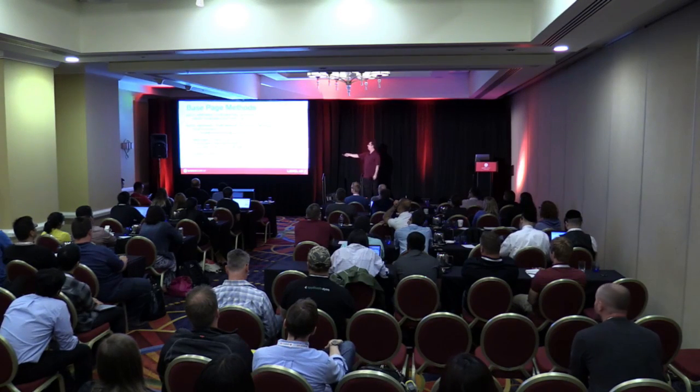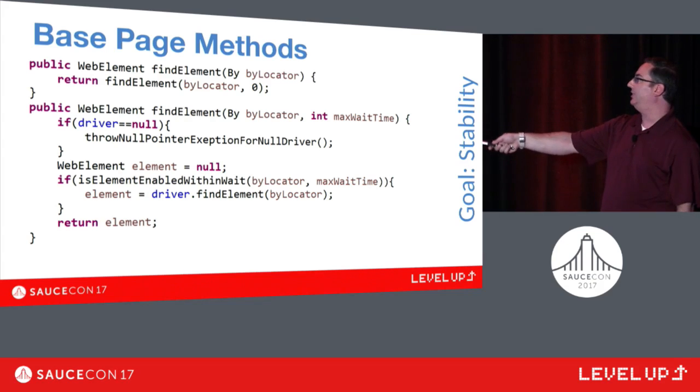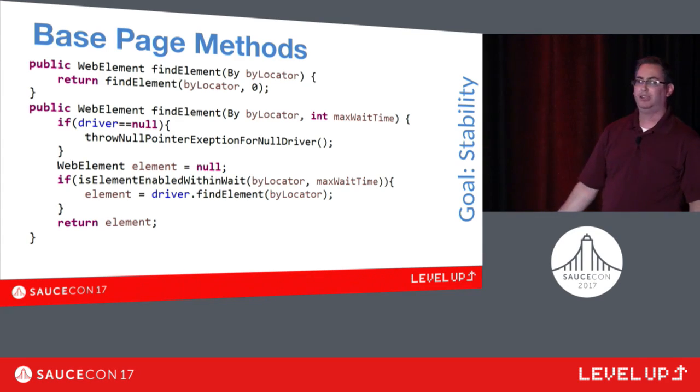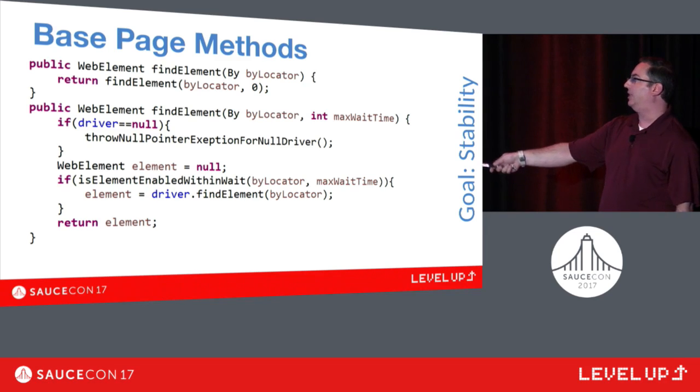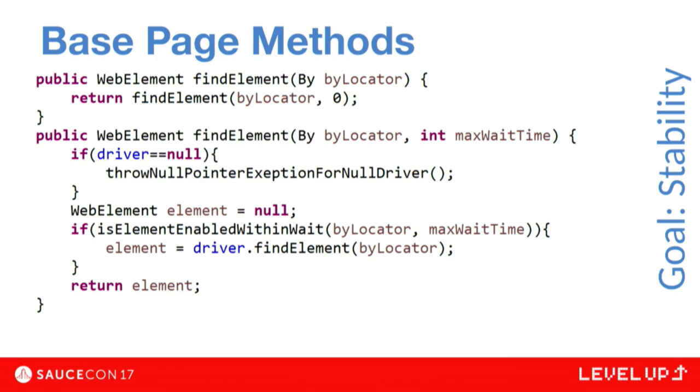Right? So if you can imagine our find element simply returning driver.findElement with the by locator, and the driver object itself was null, we'd get a test case blow up, null pointer exception. That's super useful to a developer, right?